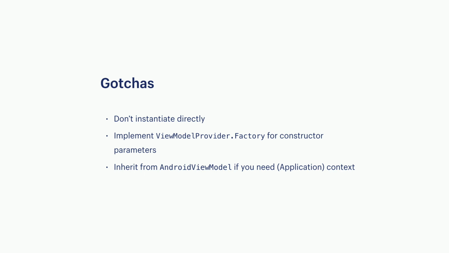What Android view model does is give you a reference to the application's context. So you can debate whether or not it's a good idea to have context in your view model, but say you need some resources to determine which string to send to your view, this is a really good way to do it, because it just gives you your application context, which is safe to use with a view model throughout all the config changes and all that kind of stuff.